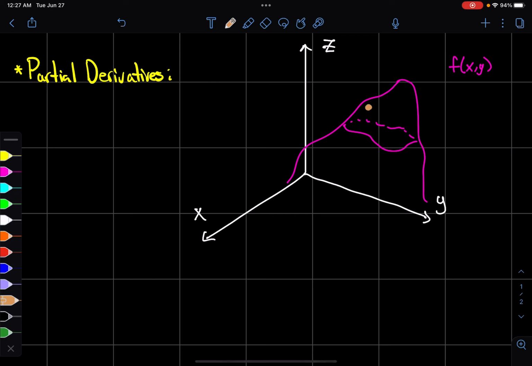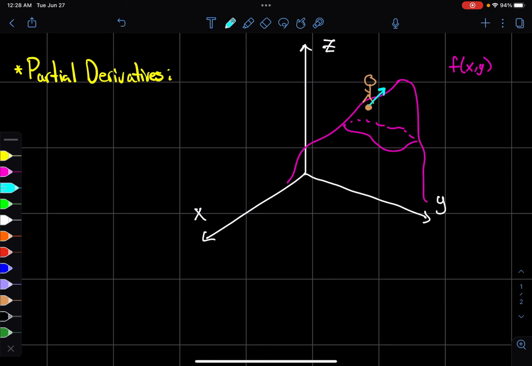Great. And the idea was if I was somewhere on this mountain, right? If I was standing right there, if there I am, okay? Woohoo, I'm going on my little hike. And I wanted to know what the steepness was if I were to walk specifically in the x direction. If I were to walk in the x direction, exactly how steep would it be?